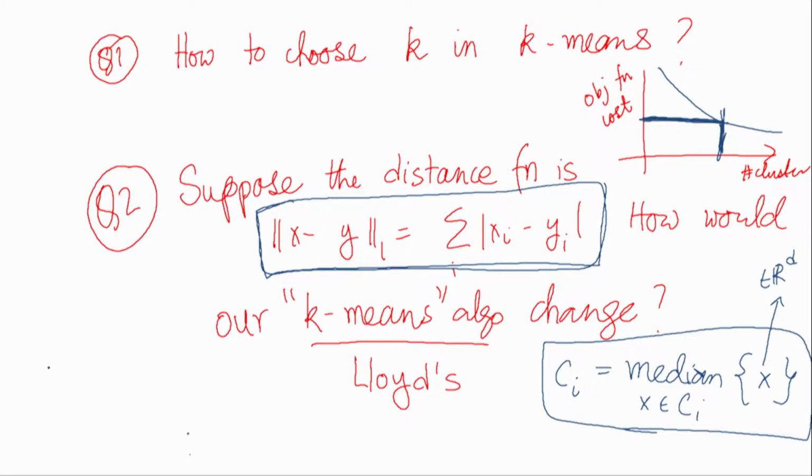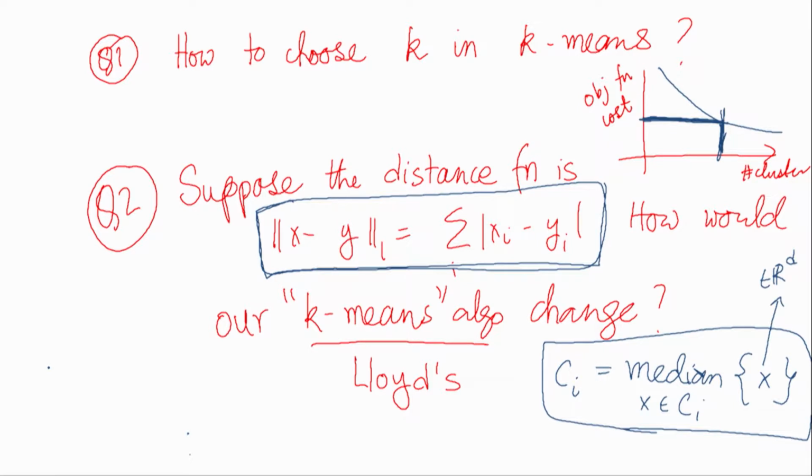So the mean was easy. We said that if you have to take the mean, you just average the vectors. We're very familiar with that. This is also a fairly easy thing to do. It's just that you have to get your head around it. For each coordinate, we can take the median. Absolutely.